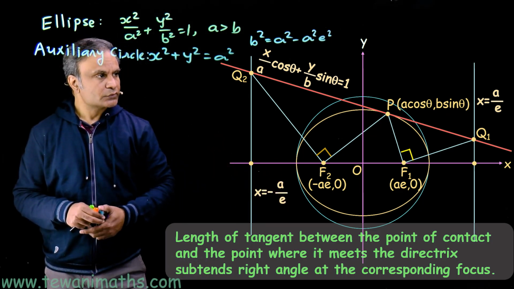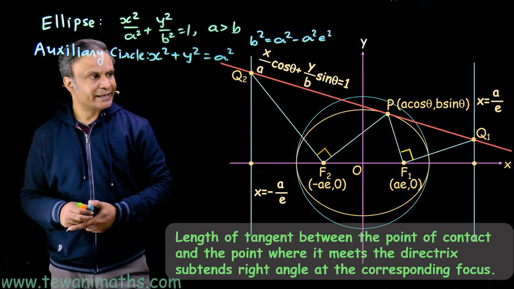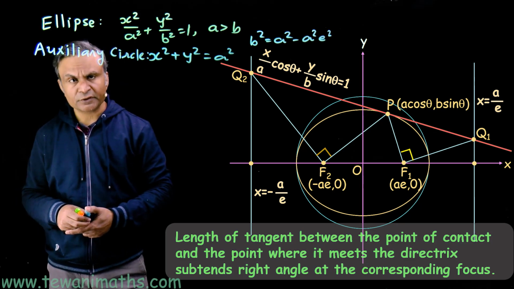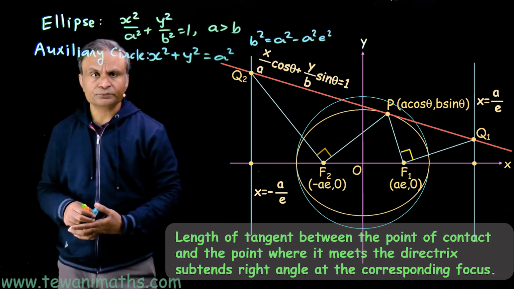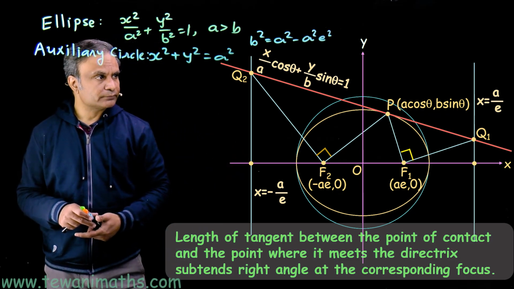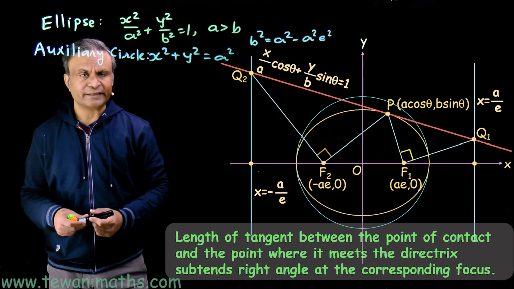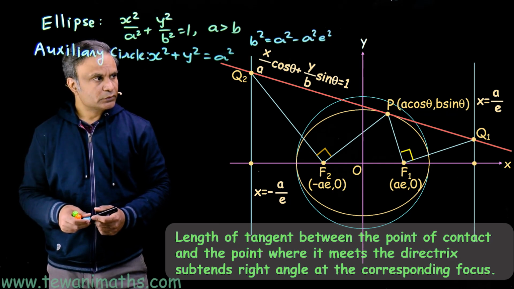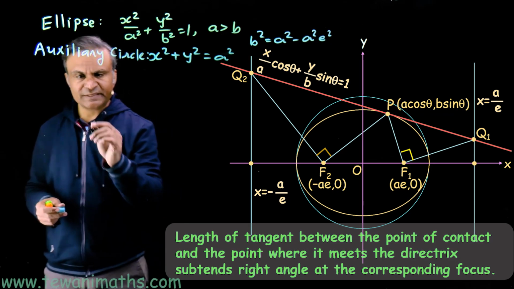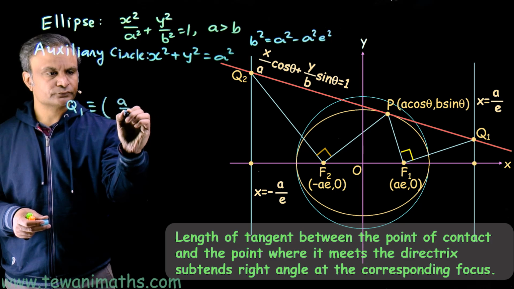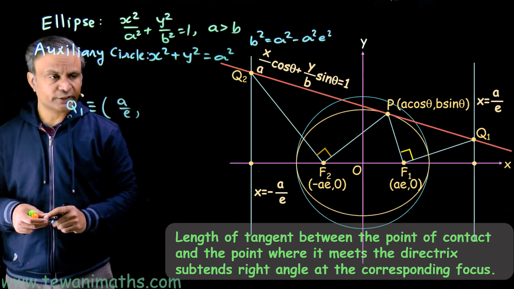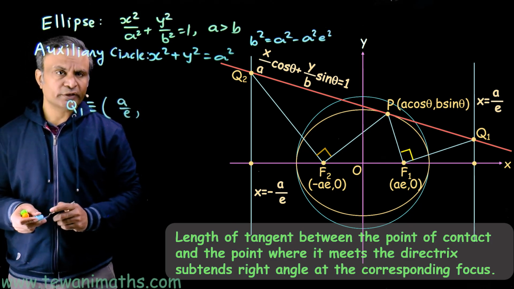So what do we do? We get the slopes of lines PF1 and F1Q1. For that we must have the coordinates of point Q1. At Q1 the directrix and tangent intersect. Then what will be the coordinates? The abscissa of point Q1 is a upon e.